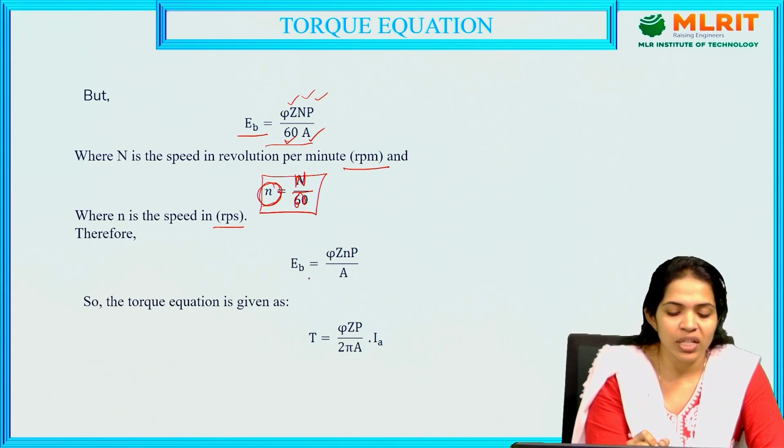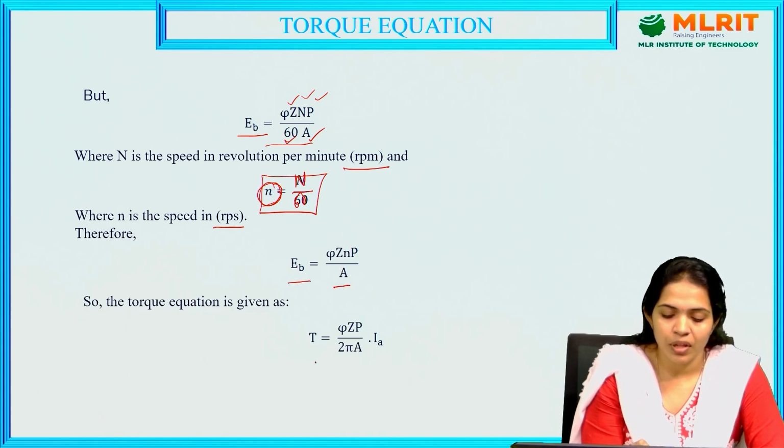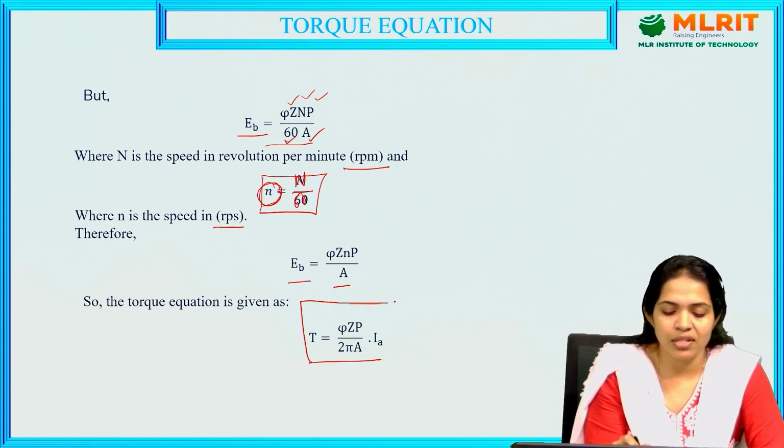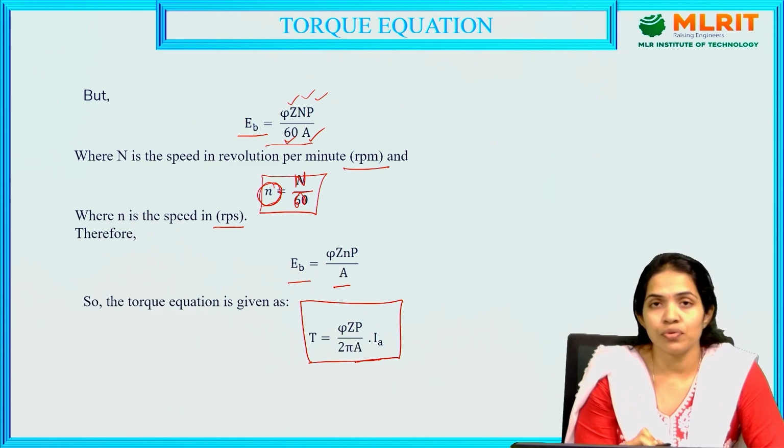So substituting that further, we will get the torque equation as T equals phi ZP by 2 pi A into Ia.